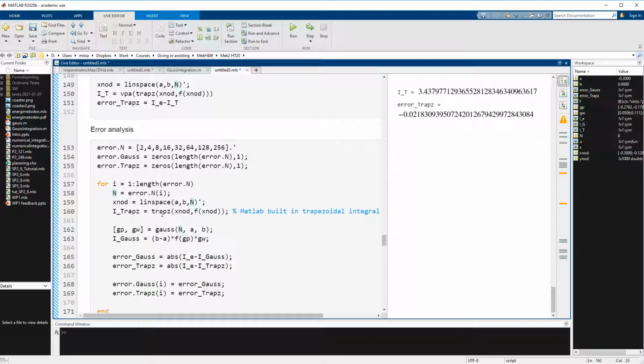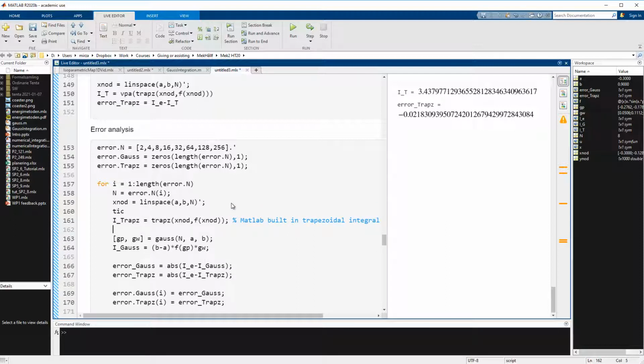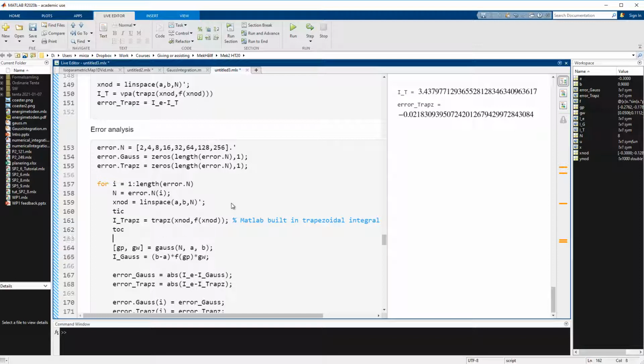I want to make an apples-to-apples comparison. If I actually use this Gauss function, what's going to happen? So let's see how fast this is as well. And I can in fact do that. I can do a tick and tock here. So I'm timing how fast this traps is going to be.